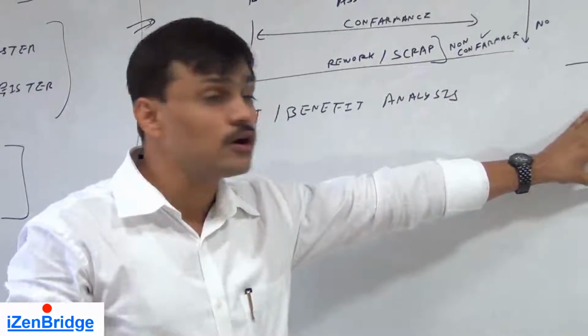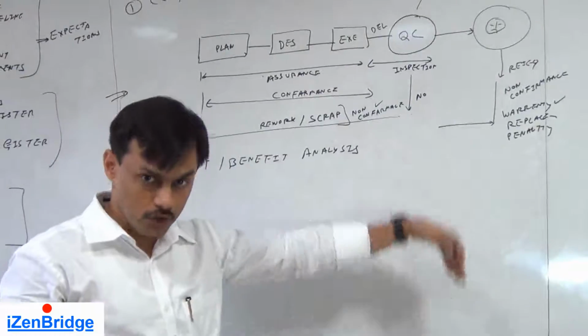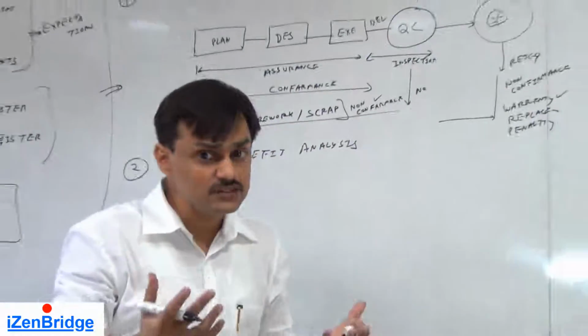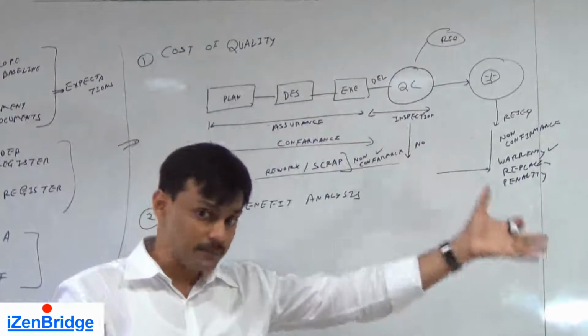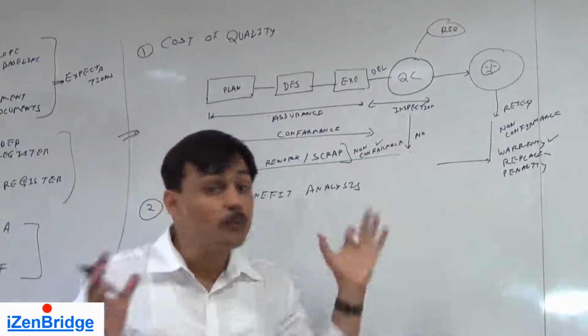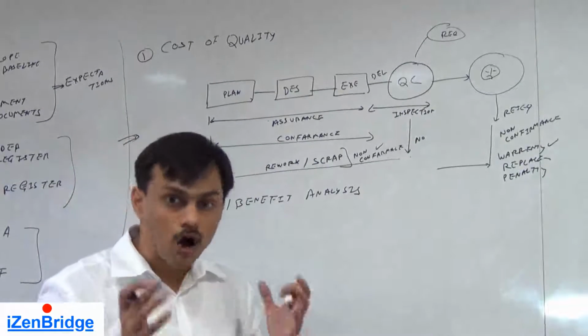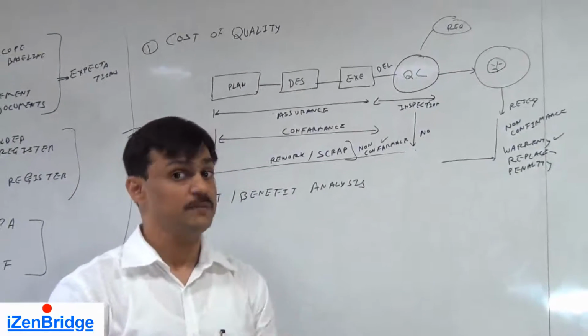So if you have a better quality product, your non-conformance cost will go down, plus you may get good customer satisfaction and customer reputation that will increase your market segment. But how much money should you spend on conformance? This is a decision an organization and a project manager along with the project team has to take.